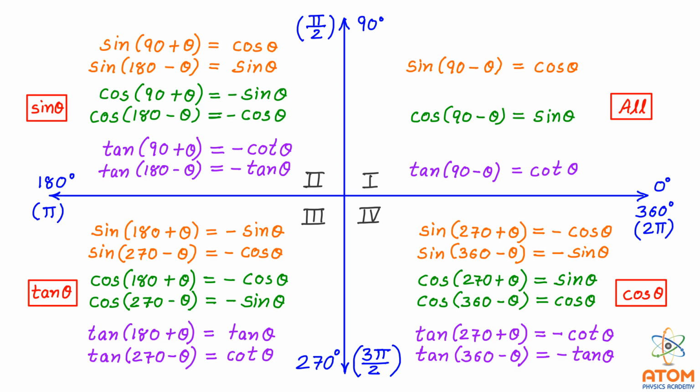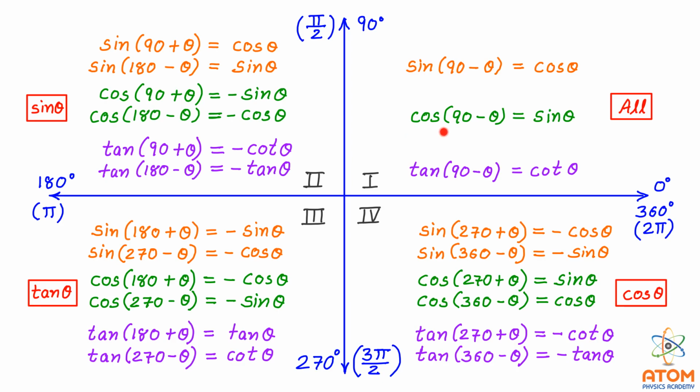In the third quadrant tan is positive. So you can see the answer of sin is negative, the answer of cos is also negative, but the answer of tan is positive. And in the fourth quadrant cos is positive. So you can see here that the answer of sin is negative, the answer of cos is positive, but again the answer of tan is negative.